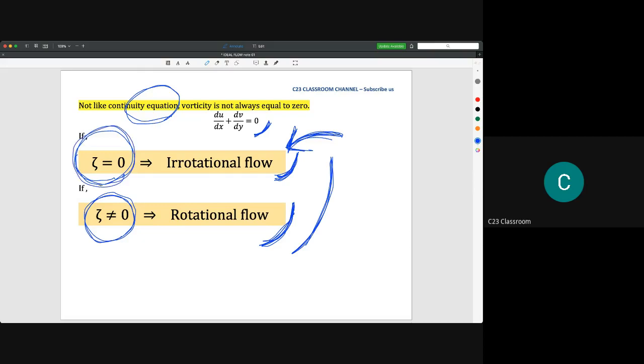So please remember this: if zeta is equal to zero, it is irrotational flow. If zeta is not equal to zero, it is rotational flow.